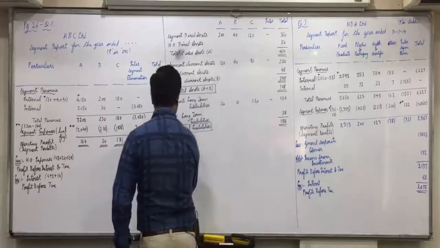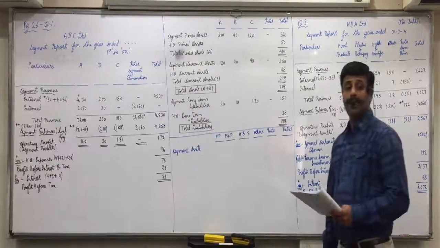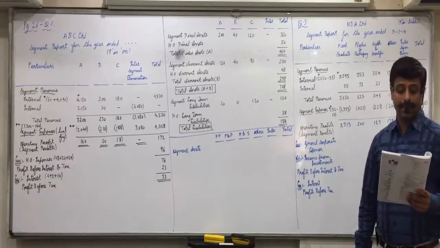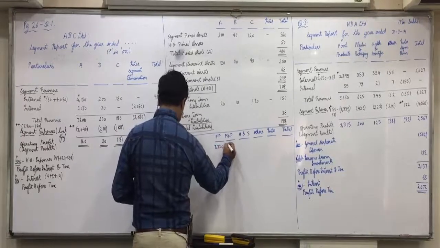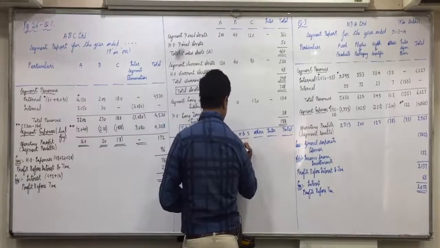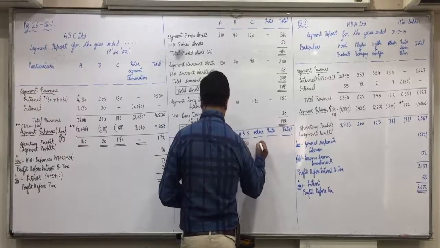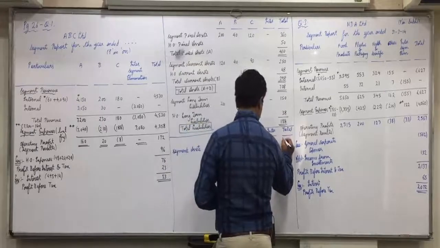Again, continuing on this side. Now we have to show segment assets. Tushar, let's see. Food products 7320. Plastic and packaging 1320. Health and scientific 1050. Others 665.